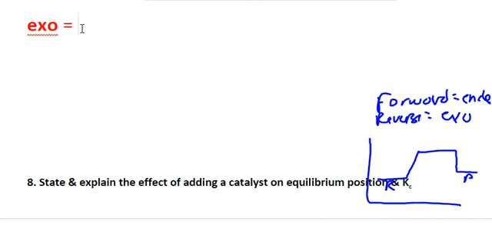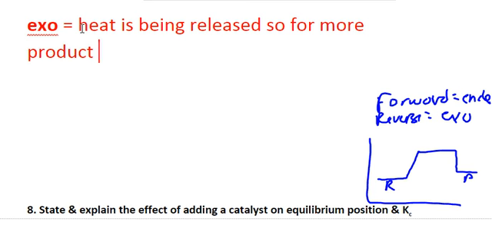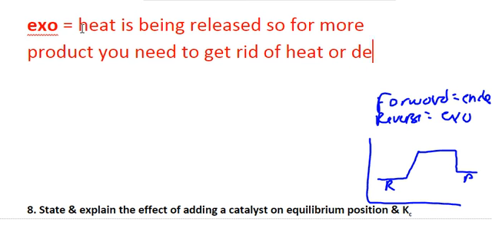So for exothermic, heat is being released. So for more product, you need to get rid of heat or decrease temperature.